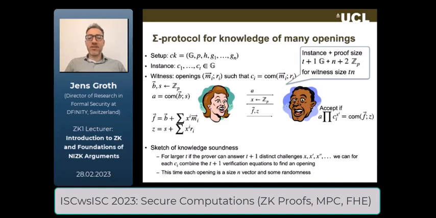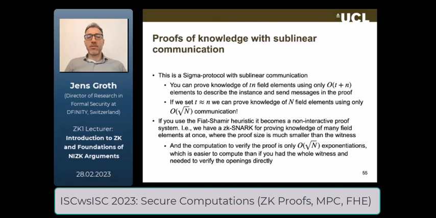The verifier does less communication, less computation, but is still convinced that the prover knows a lot of stuff. The prover knows this huge witness of size T times n. Okay? So if T is approximately the same as n, then you can prove knowledge of n field elements using only square root n communication.